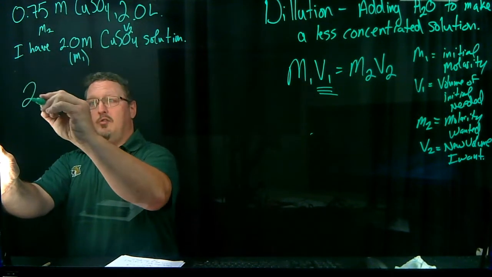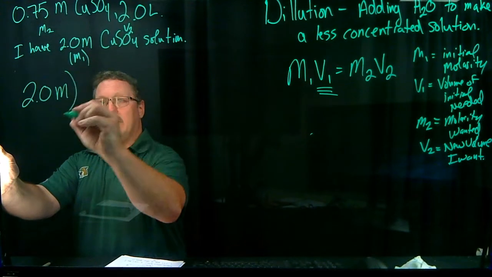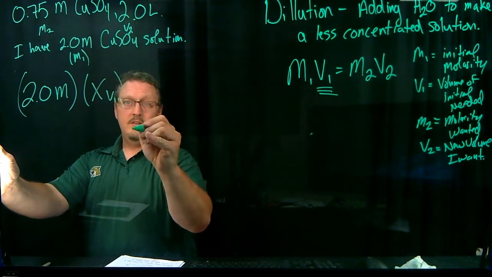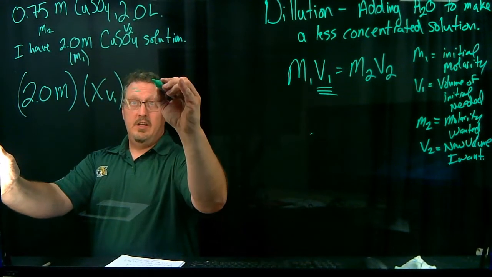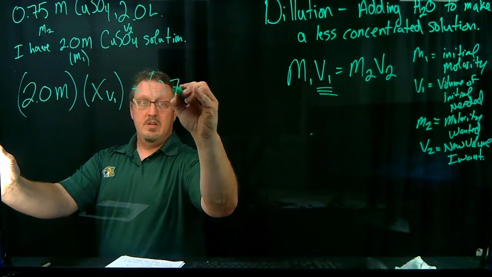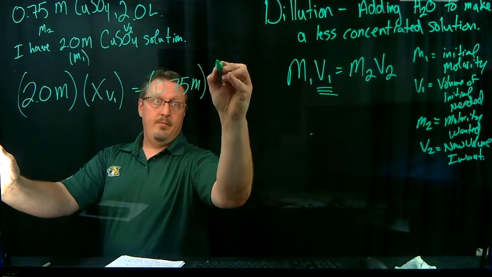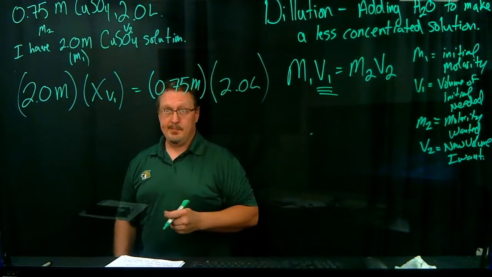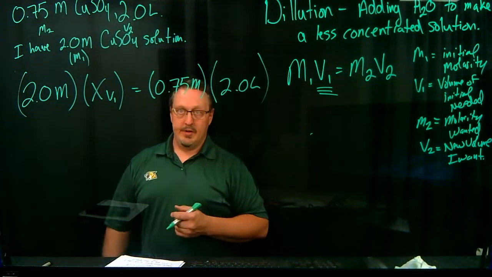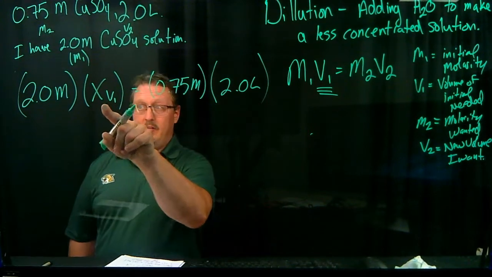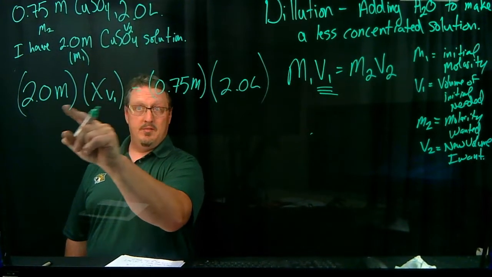So 2.0 molarity is going to be times X, V1, which is liters, and that is going to equal, I want a 0.75 molar solution when I'm done, and I need 2 liters of it in order to do our lab, whichever group is doing it. So I want this by itself. These two are being multiplied together.